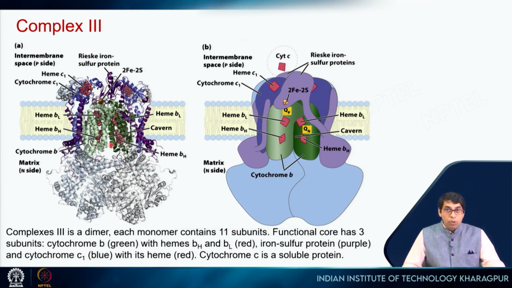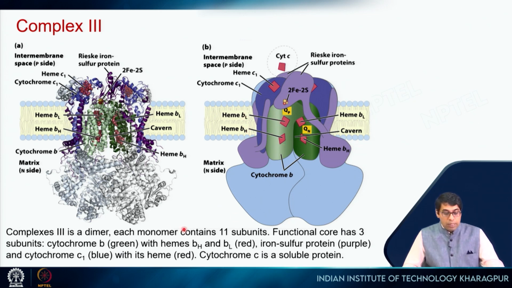The functional core is also shown here. It has 3 subunits. Cytochrome B, shown in green, has the hemes BH and BL. You see these hemes BH and BL shown here.